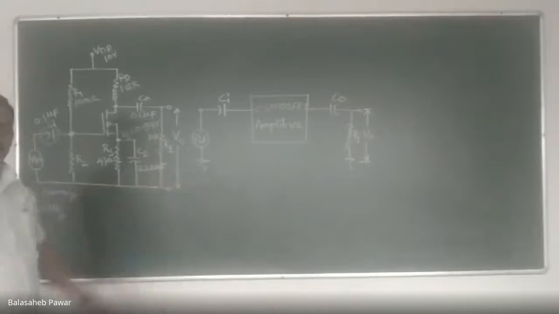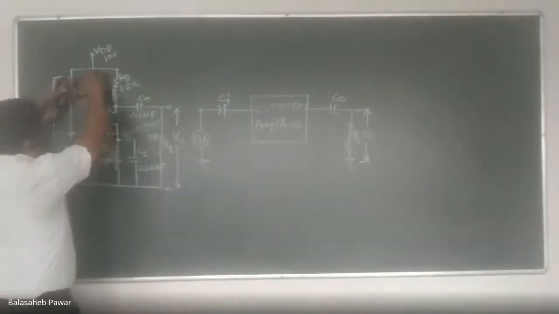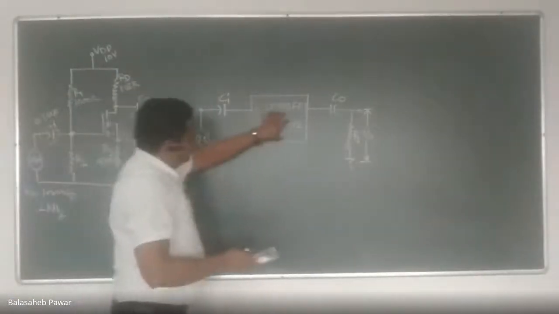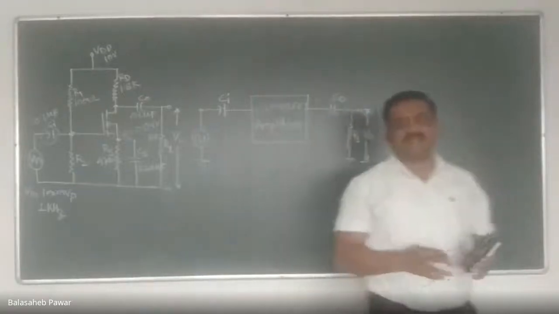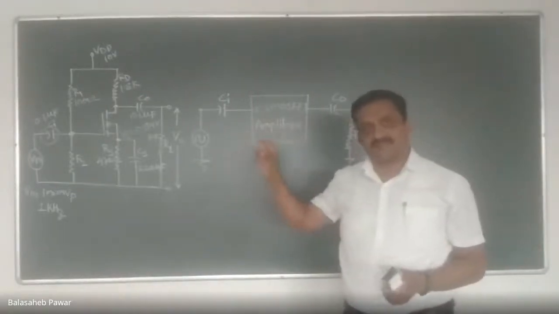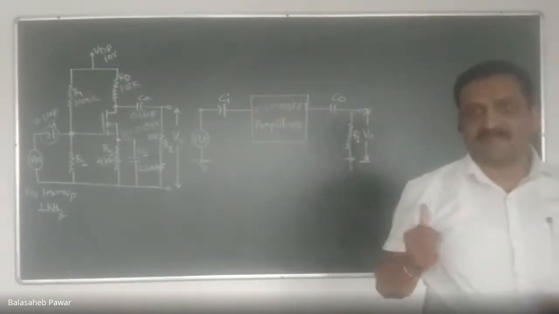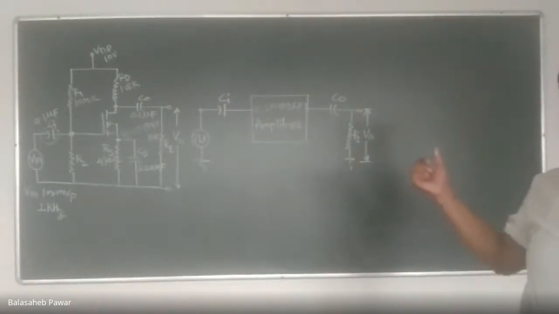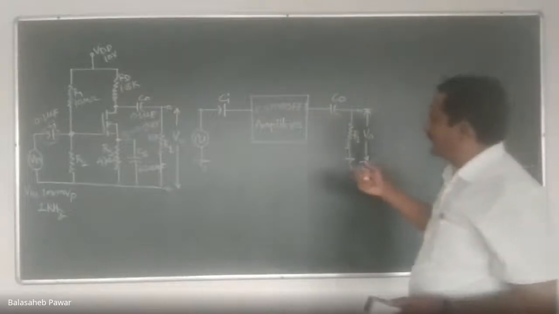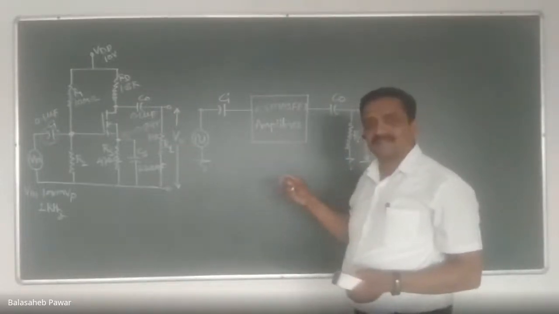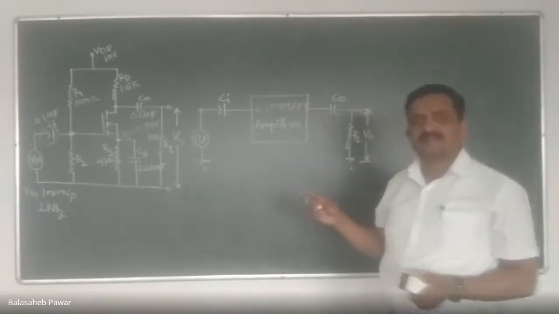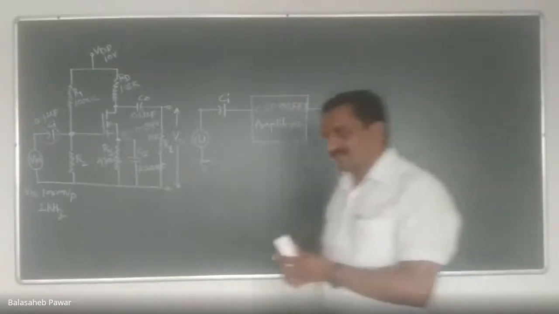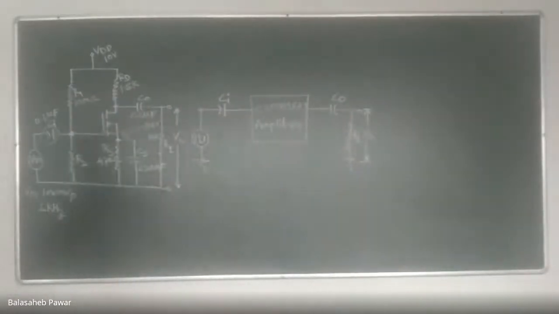Are you getting it? What I did is replace all these components by a black box, and that box is our amplifier circuit. Is it visible properly? Whatever I showed, is it visible? Okay, I will check myself.